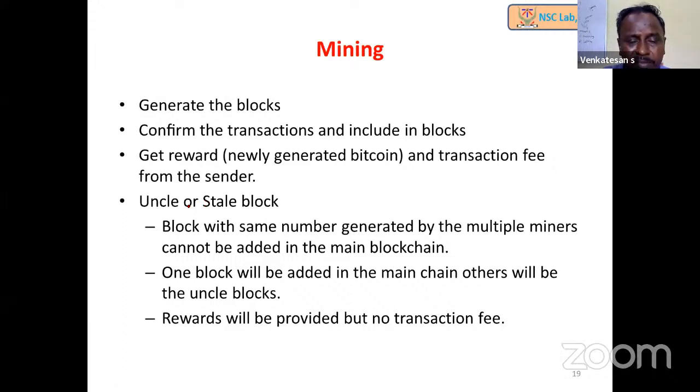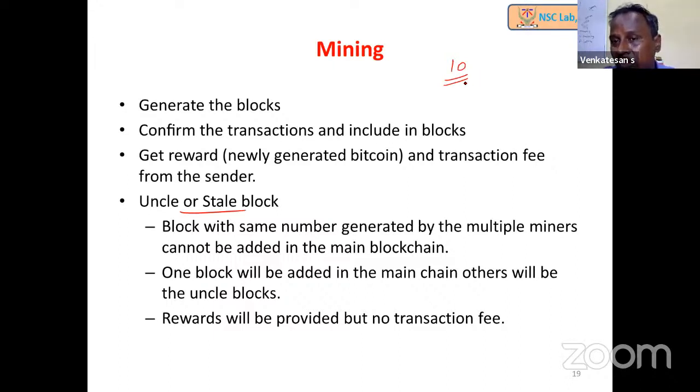And there are blocks which are called uncle blocks or stale blocks. These are the blocks considered part of the fork, blocks with the same number. For example, now the network is trying to construct block number 10. There are multiple people working to create or mine this block. It is possible that more than one person has mined block number 10.